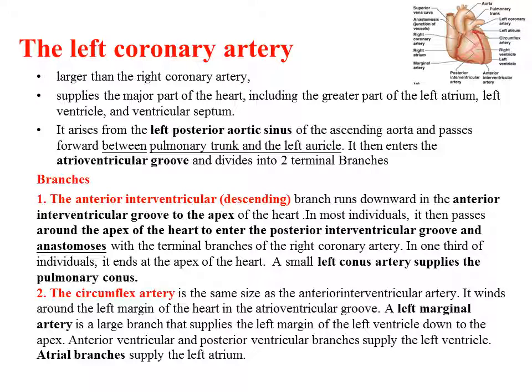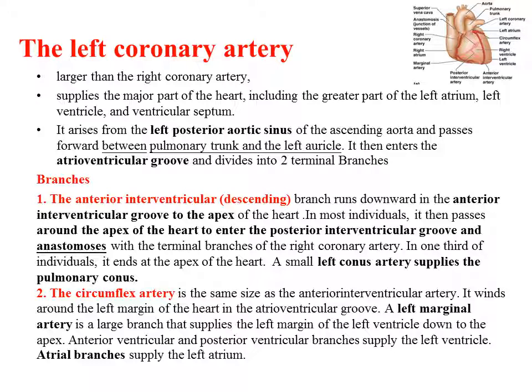And just have a look at this diagram on the right. It is as if it is going just posterior to the pulmonary trunk. It then enters the anterior atrioventricular groove and divides into two terminal branches, very significant branches.